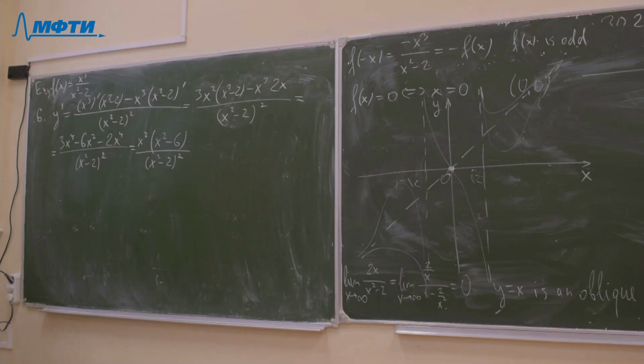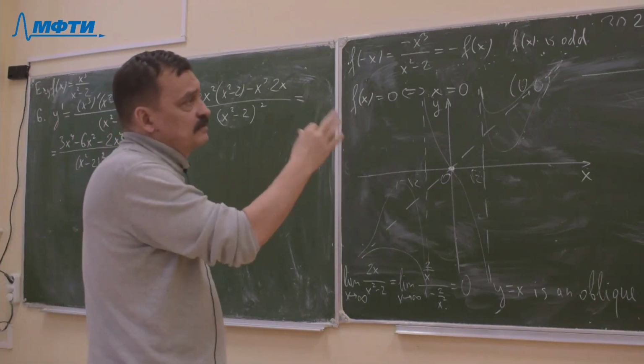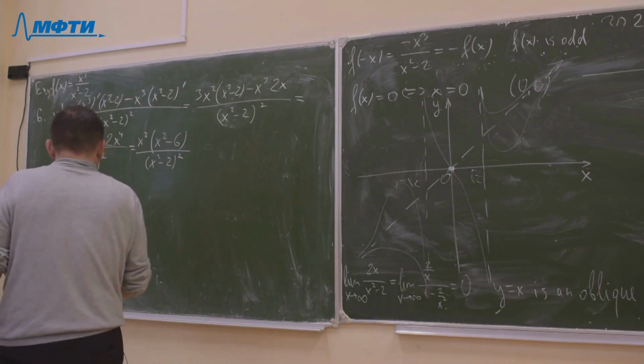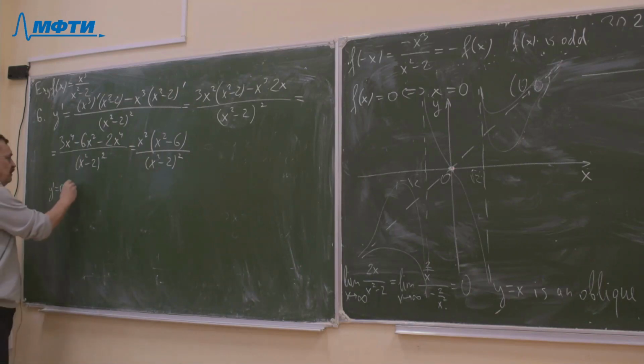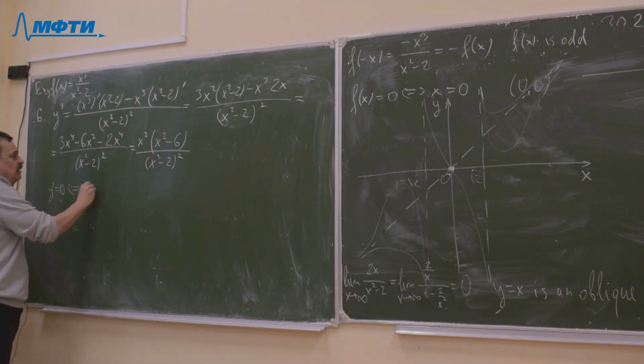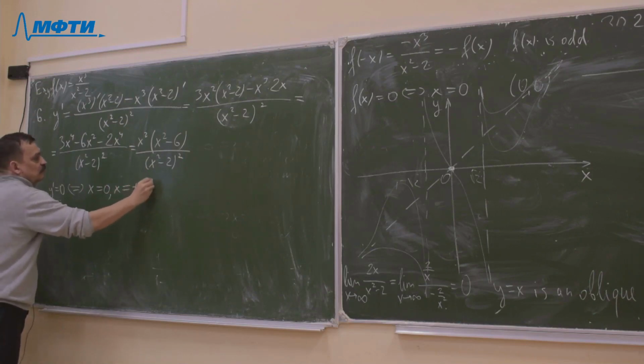So look, what should we determine now? Intervals of monotonicity. It means we solve the equation y prime equals 0, and it gives x equals 0, x equals plus minus square root of 6, right?